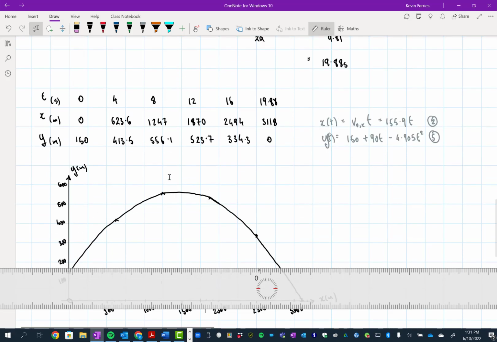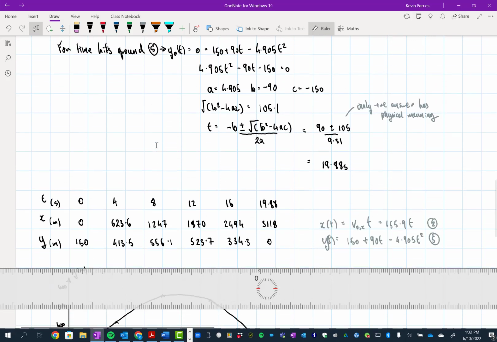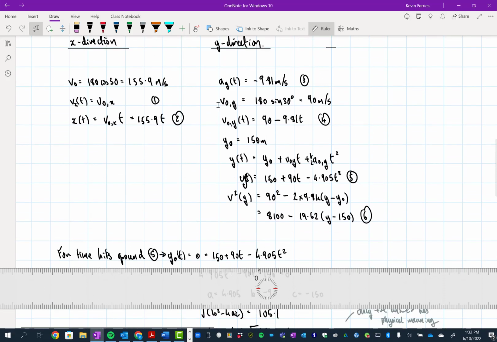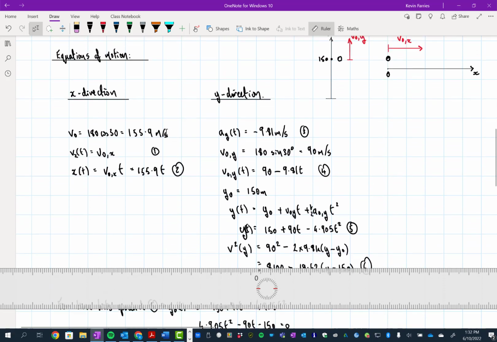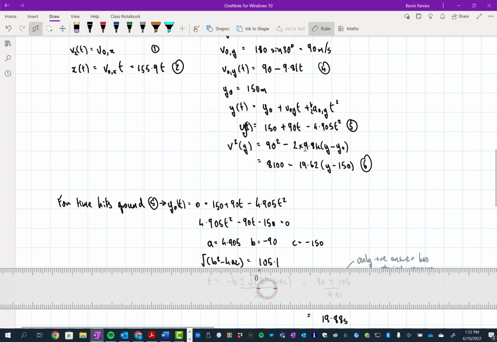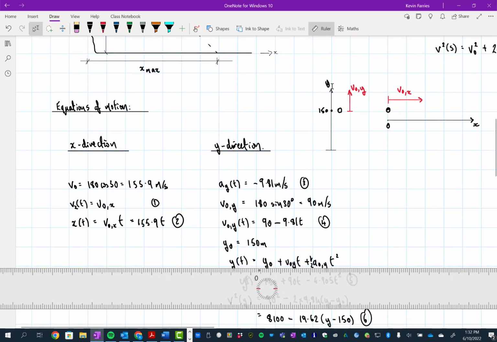Okay, so that was that. That's just showing how this works. If you're trying to figure out how this projectile motion goes, what you're basically doing is figuring out equations for the x direction and the y direction, and those two things are independent. So you can think about the height as if it had no horizontal direction.